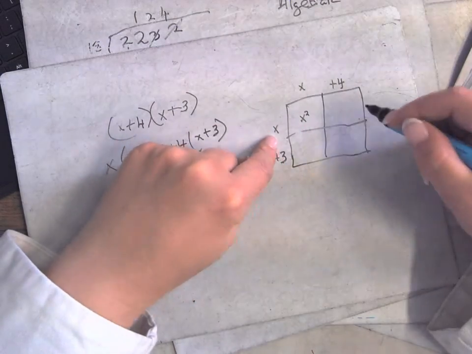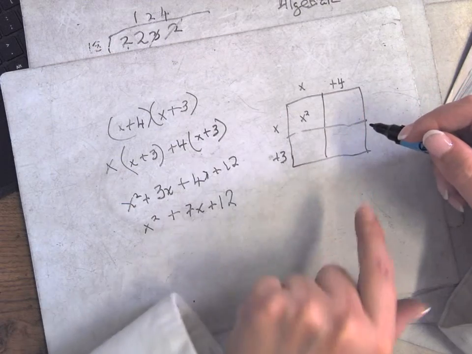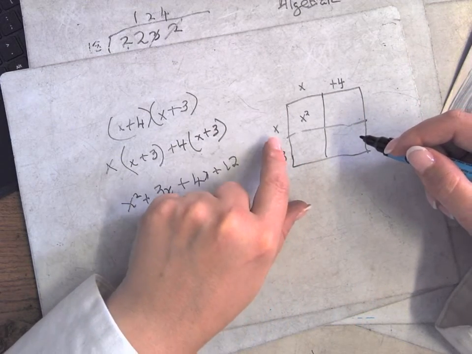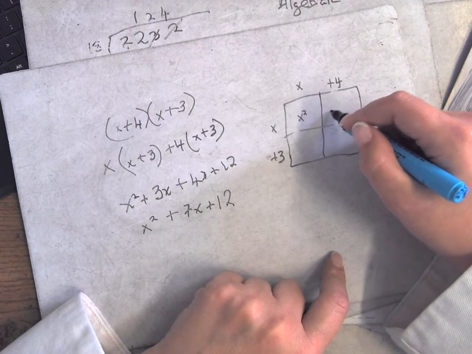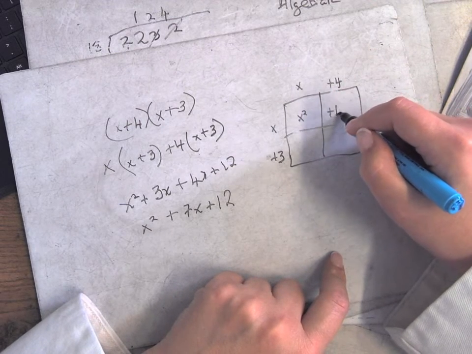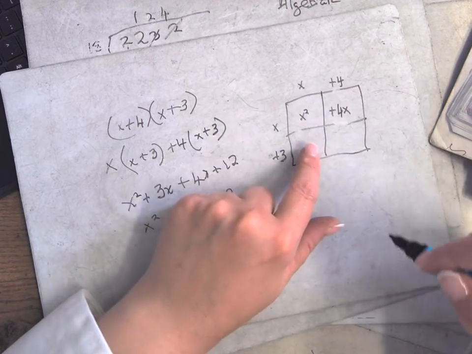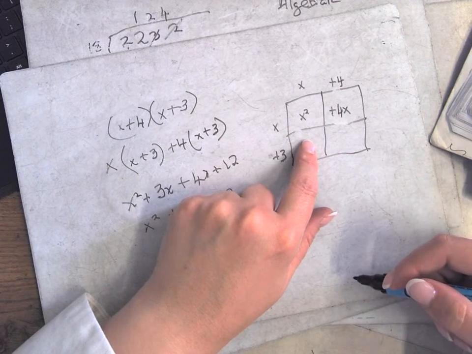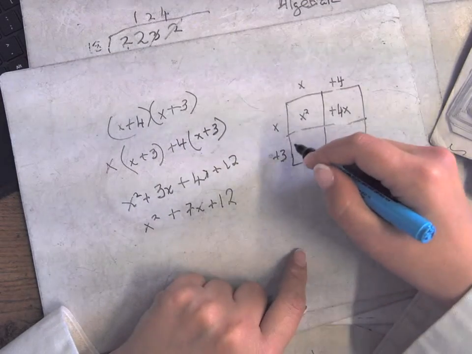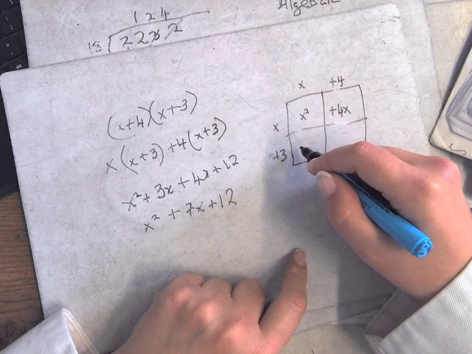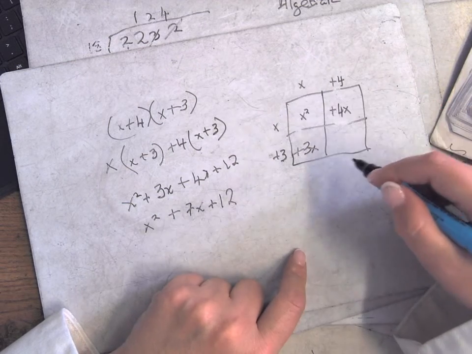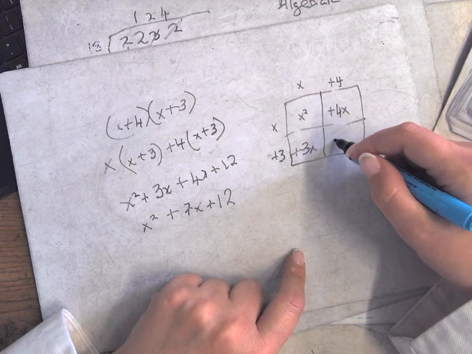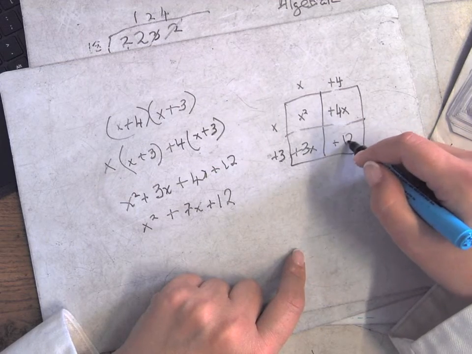So then you go on, what am I multiplying to get the answer in here? X by 4. So what will I get? Plus 4x, won't I? Okay, in this little window here, what am I multiplying? Plus 3 by x, what's the answer? Plus 3x. And then I'm doing plus 3 by plus 4, which would be plus 12, wouldn't it?